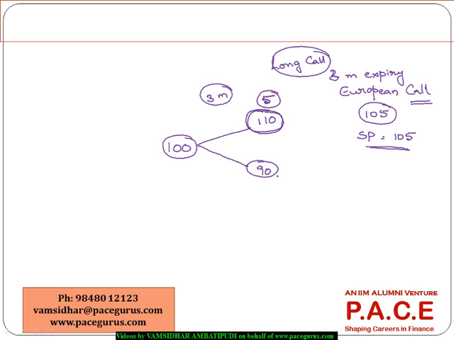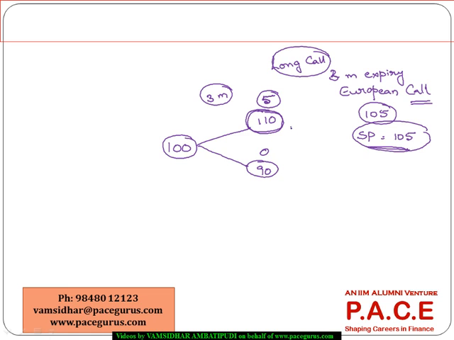But in case the stock price comes out to 90, then this option will not be exercised. It would expire, because it requires buying the stock at 105, which the long position will not do. So the payoff here is going to be 0.